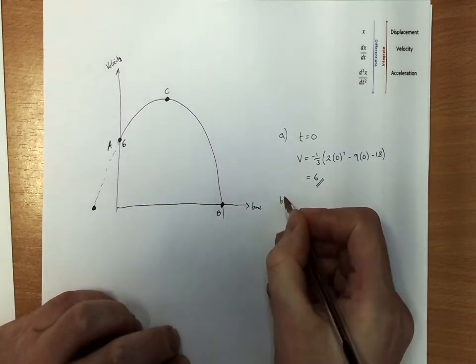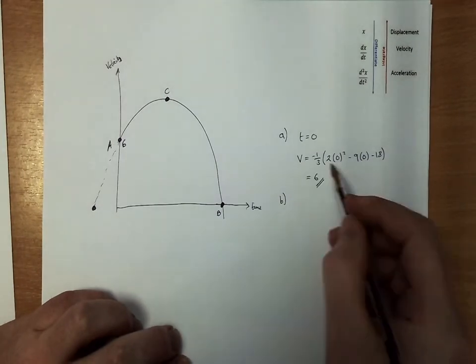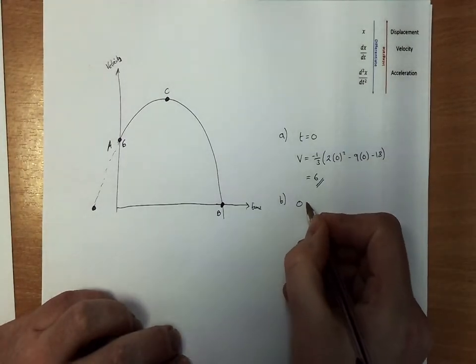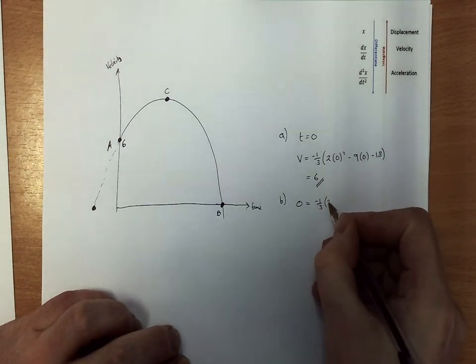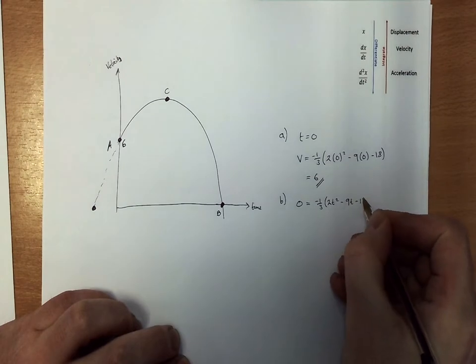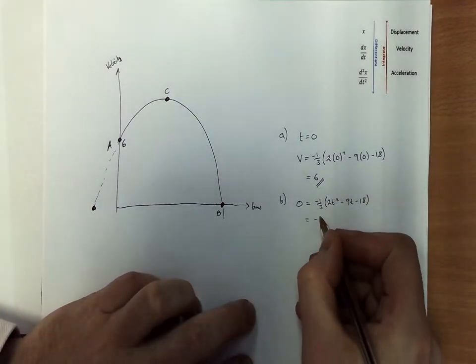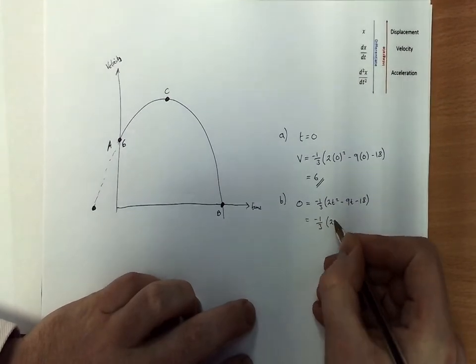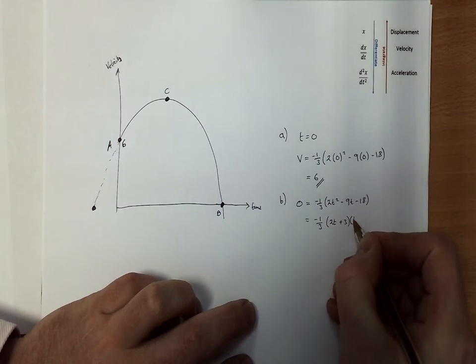In part B, we're asked to find this coordinate here. So we're asked to find when the body's at rest. So we're going to say 0 equals minus 1/3 of 2t squared minus 9t minus 18. By factorising this, I can get minus 1/3 (2t plus 3)(t minus 6).